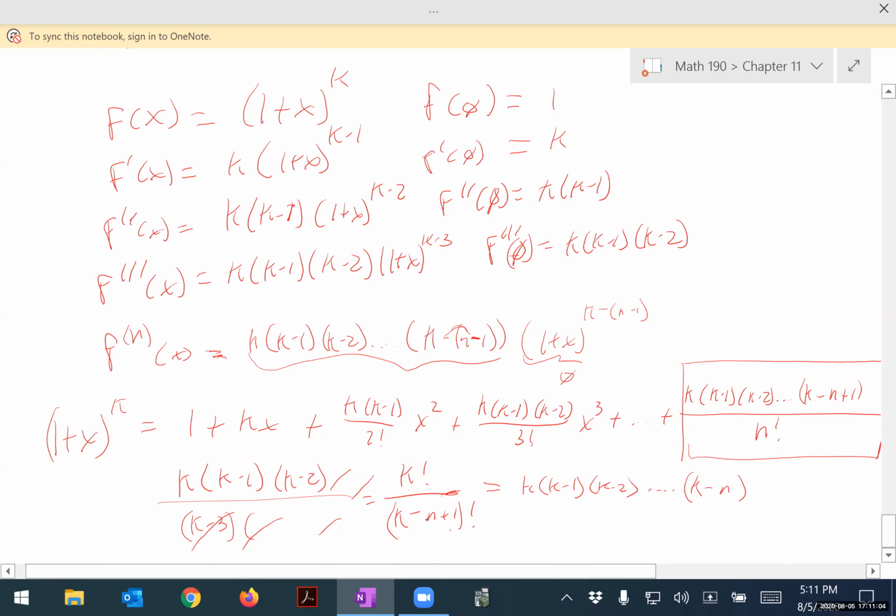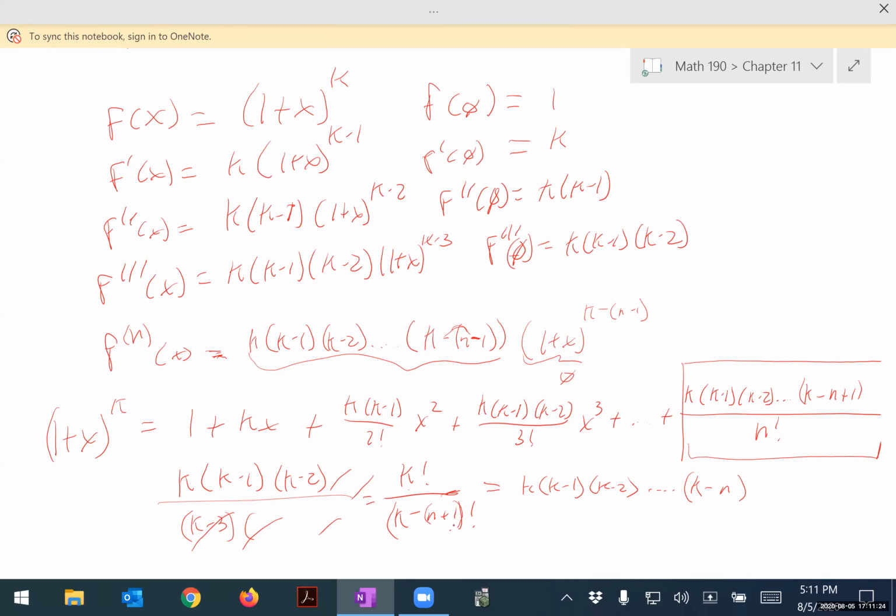Oh, you know what? Did I screw up? Yeah, I did. This should be in parentheses. K minus n plus 1 factorial. That's going to give me that thing on the top.